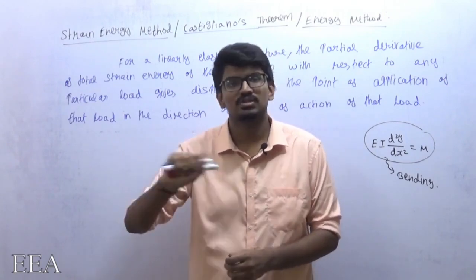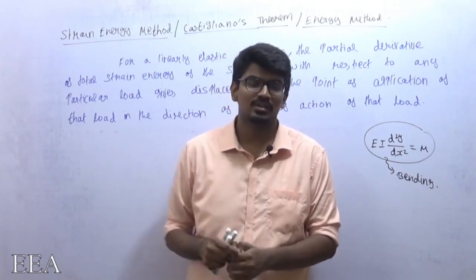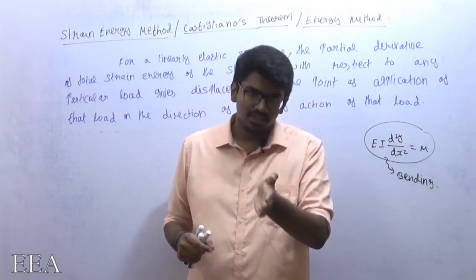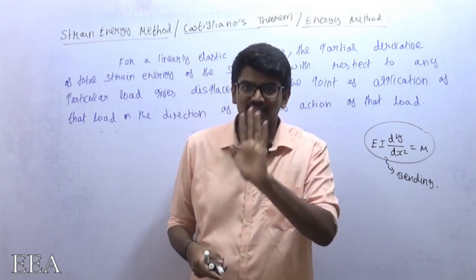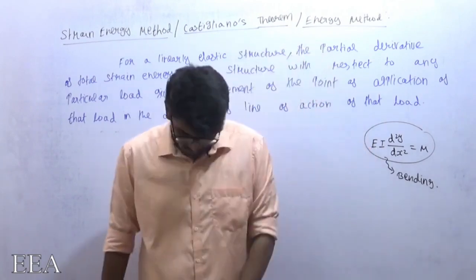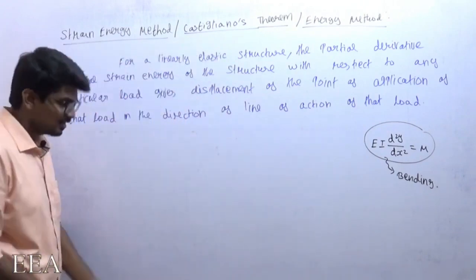No other methods can be used for that. But it can be applied for bending and torsion also. I will be discussing some examples. Many examples and previous year questions are there, and we will discuss them. Right now, first we will see the theorem.